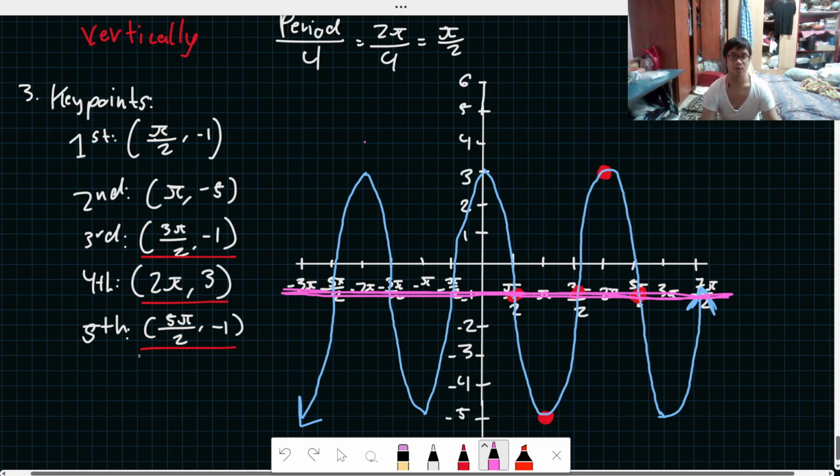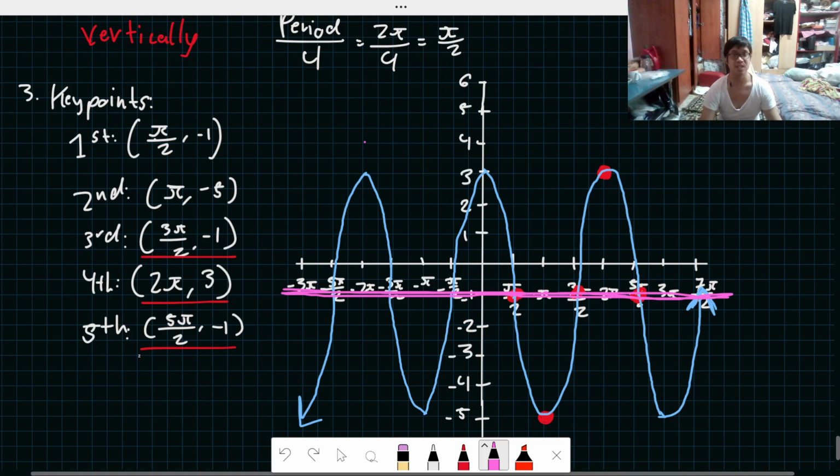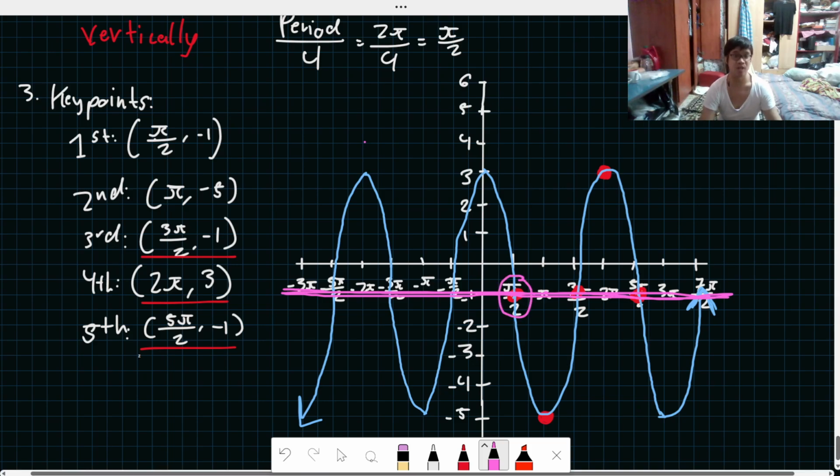If your first key point is not located on the vertical axis or line, then the graph moves horizontally. In this case, it is proven that there exists a movement of pi all over 2 units to the right. All right, so that's it.